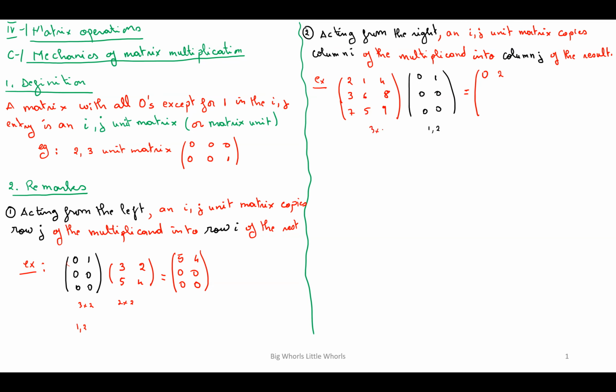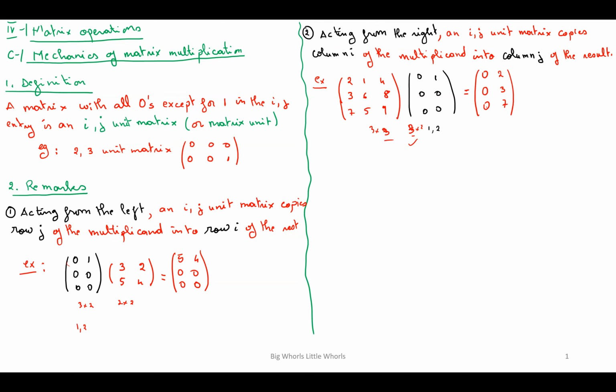First of all, this is a 3 by 3 matrix, the first matrix, and this is a 3 by 2 matrix. So the matrix multiplication is defined. Okay, we are going to have a 3 by 2 matrix. So here we have 0. Here we have 3, 0, and 7.